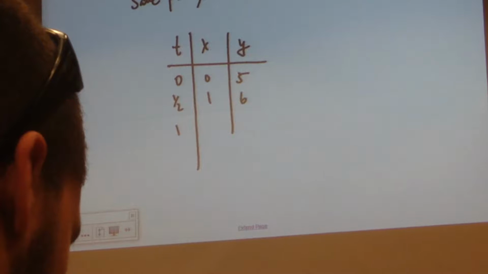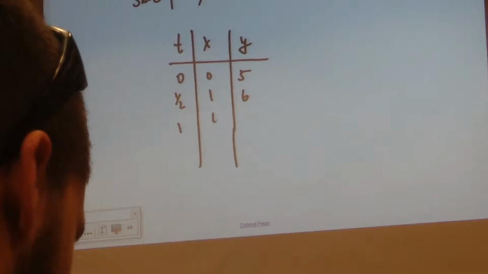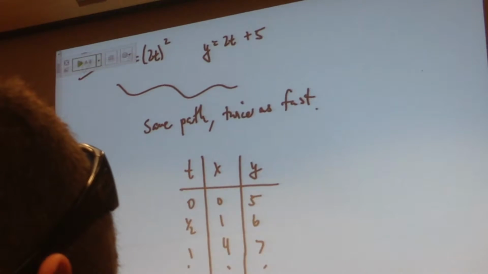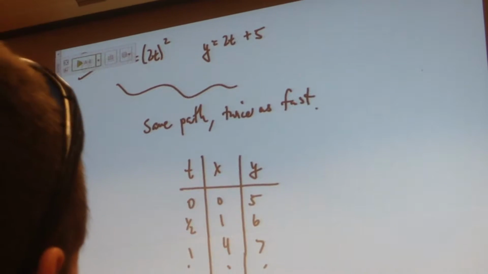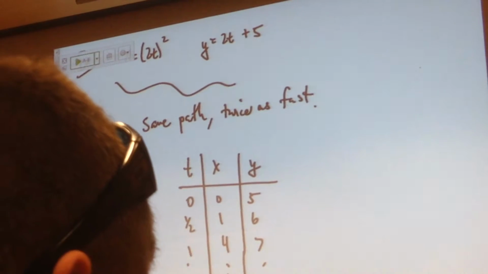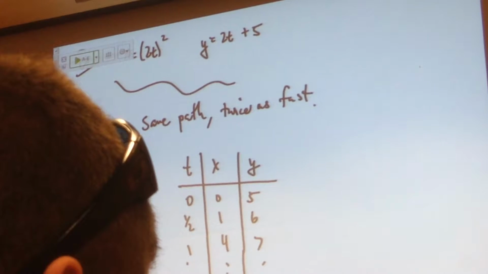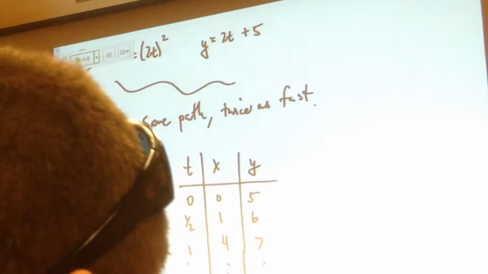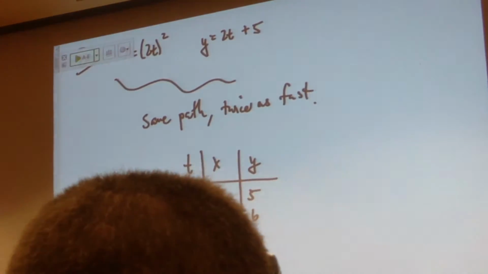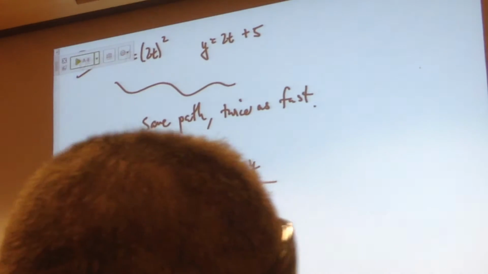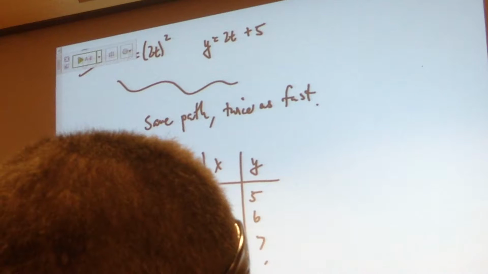At t equals 1, you're at the same spot where the other one was at t equals 2. So it's like you're taking the same route, but you're going twice as fast. Questions?